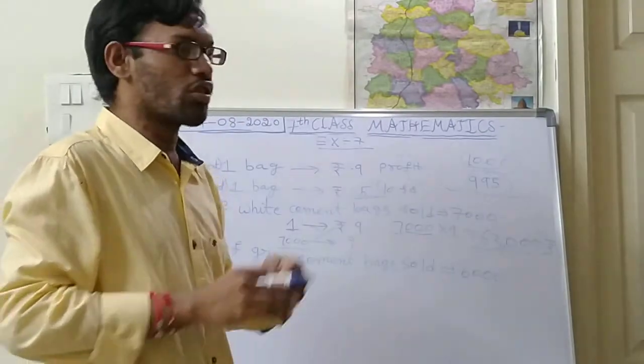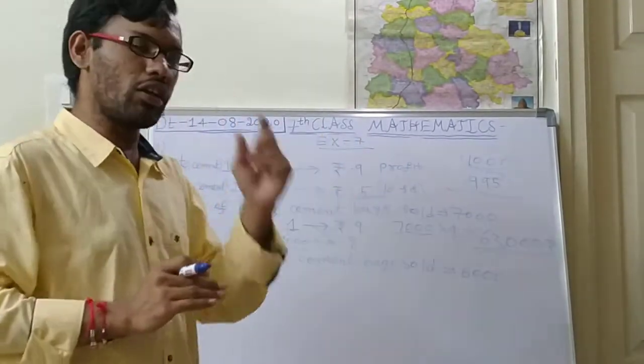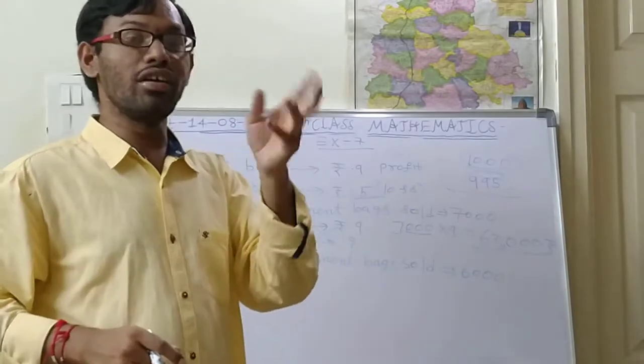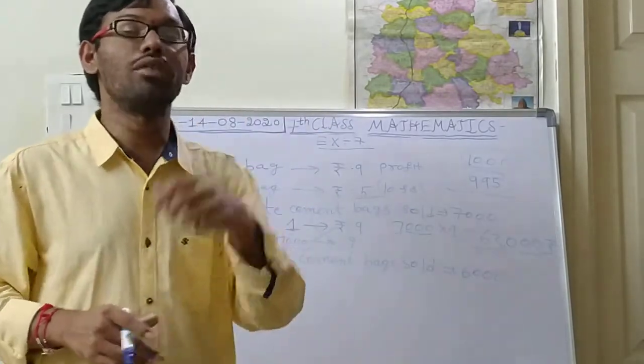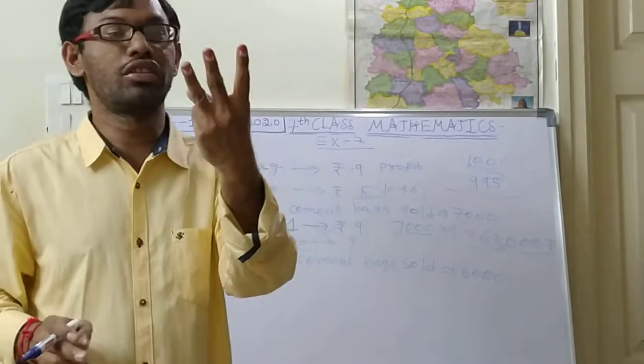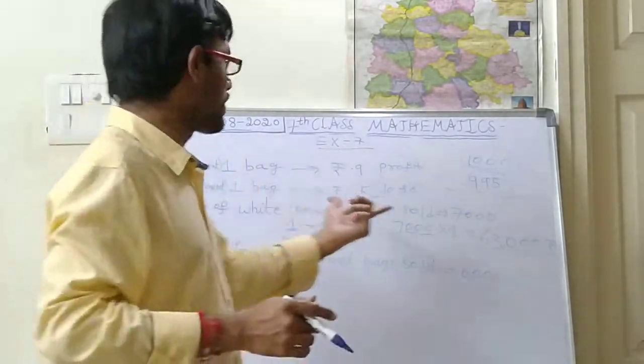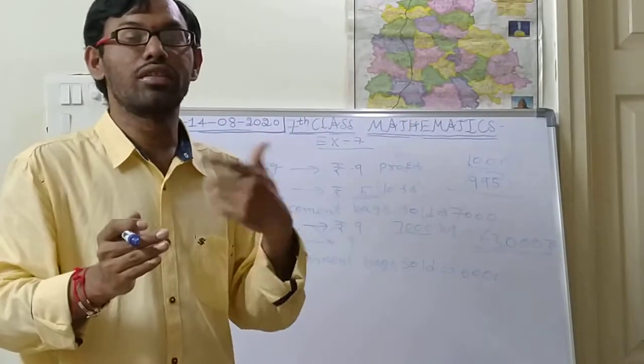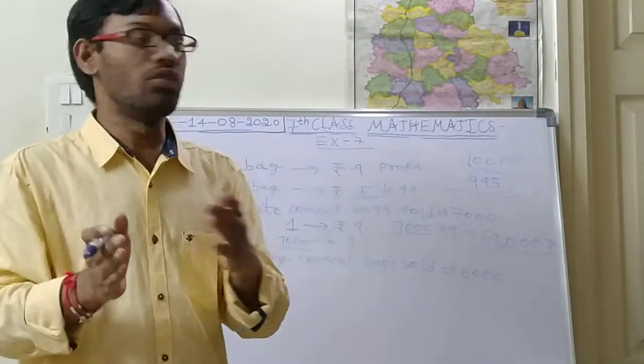Is it right? Suppose you bought a chocolate for 5 rupees and you sold it for only 2 rupees. How much money did you lose? 3 rupees you lost. That means you subtracted 5 minus 2.